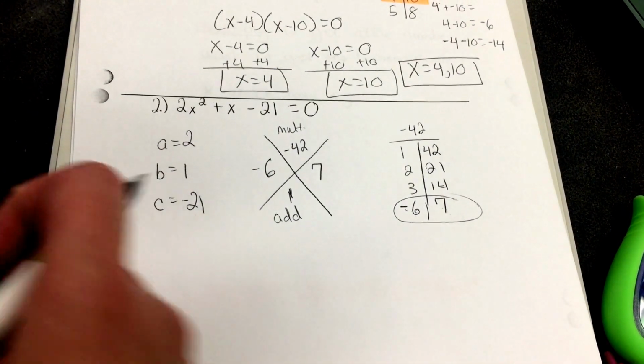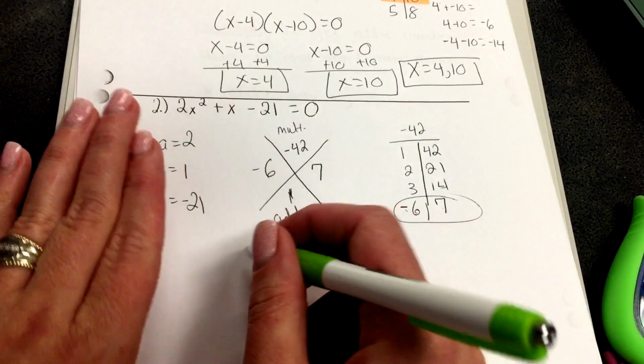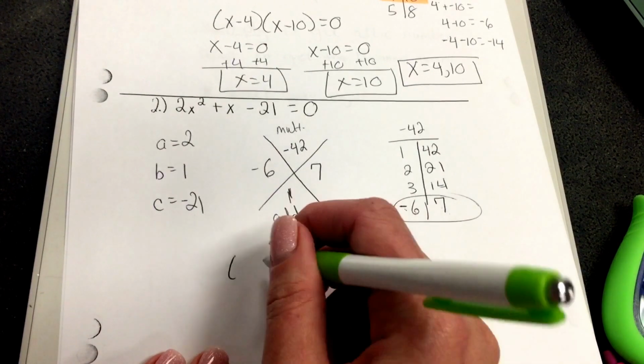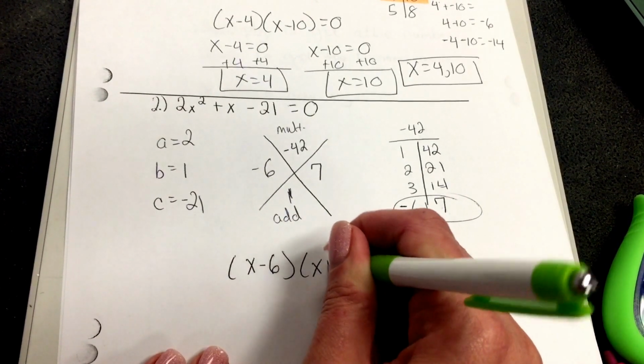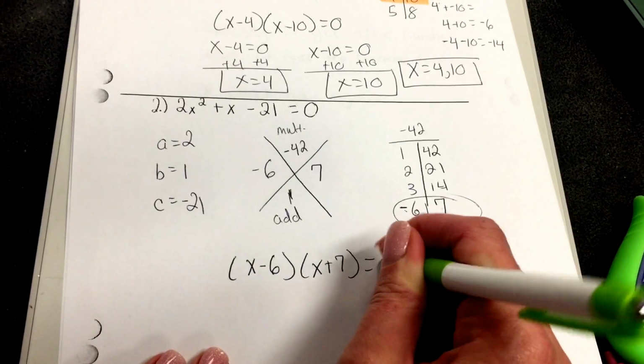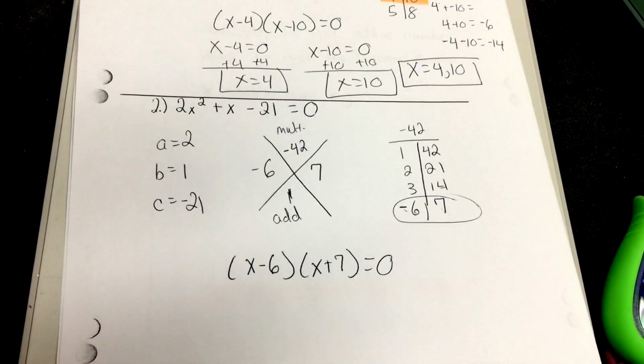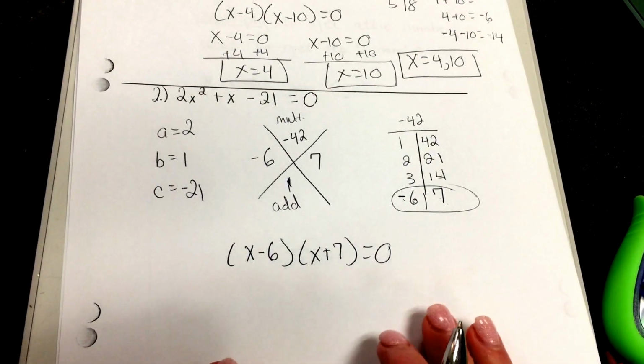Okay, so as we did yesterday, the exact same thing. We are going to write x minus 6, x plus 7 equals 0. Now this does equal 0, so we're going to solve it all the way through. All right.